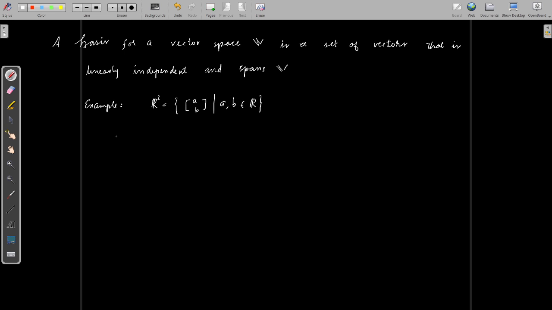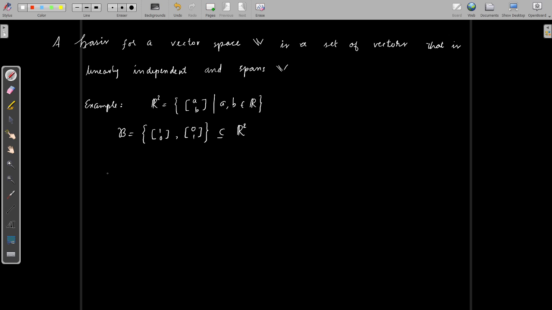Then if we write this set, I call it B. B is the set of the vectors (1, 0) and (0, 1). These are the two vectors. Of course, this is a subset of R2.